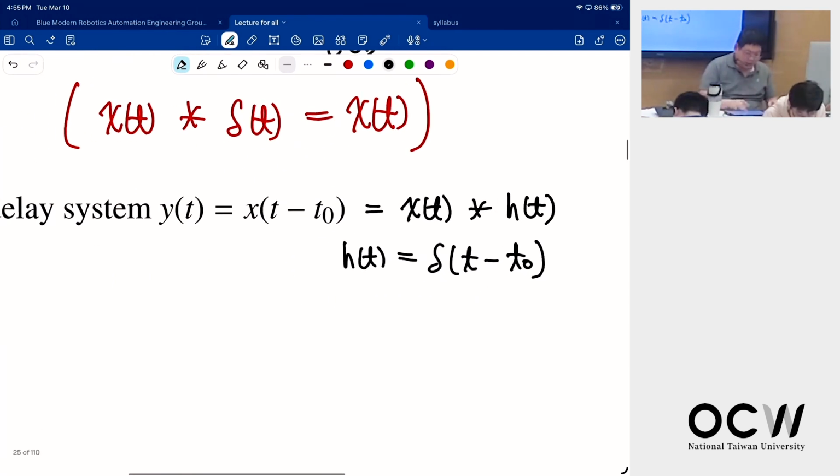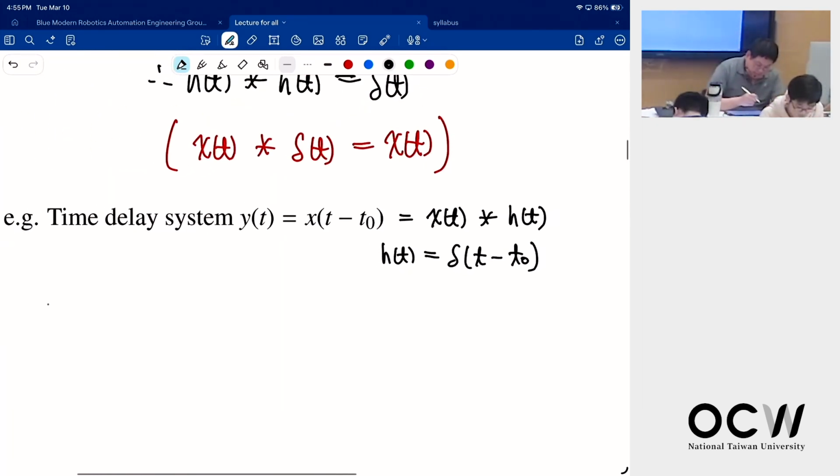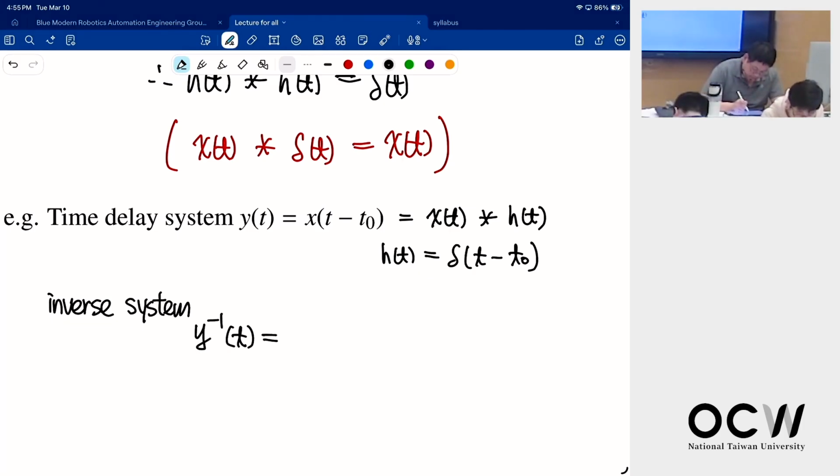Okay, so the inverse system, let's write it down. Y inverse, it should be x t plus t naught. Shift to the left.